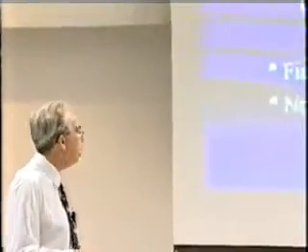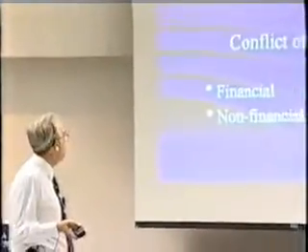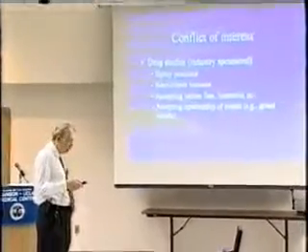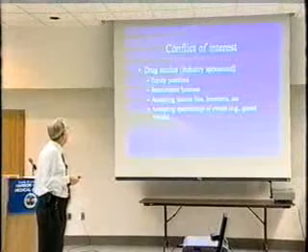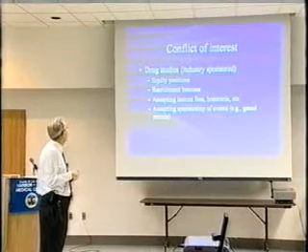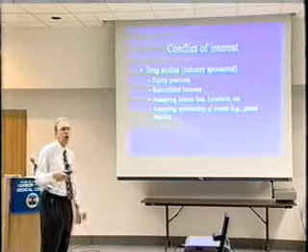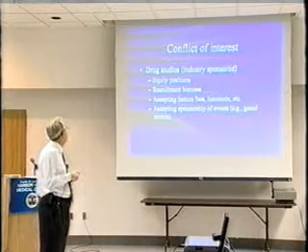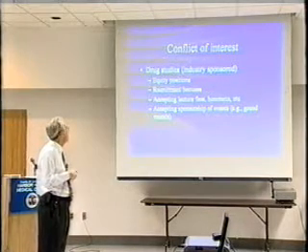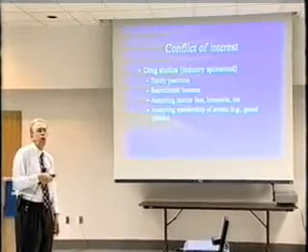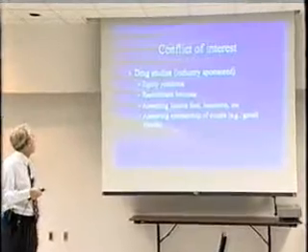So as I said, there are two types, financial and non-financial, and each of them has potential ramifications for anyone conducting research. Let's take studies such as, first of all, drug studies which are industry sponsored. The types of potential conflicts of interest that arise are if the investigator has an equity position in a company whose drug he or she is evaluating.